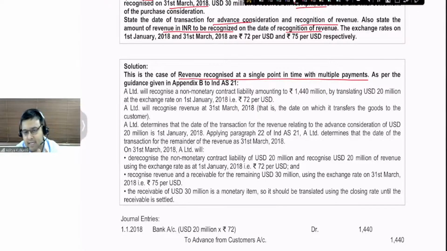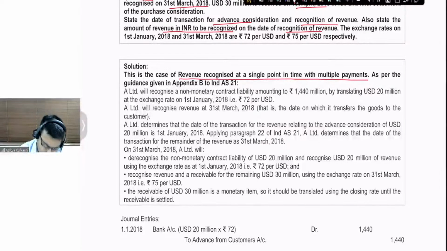So this is a case where revenue is recognized at a single point in time. That means once you deliver the goods, you have fulfilled your obligations and you can recognize the revenue. Over a period of time means you meet certain conditions. Some 4 to 5 conditions are given. If you meet those, it will be known as revenue recognized over time.